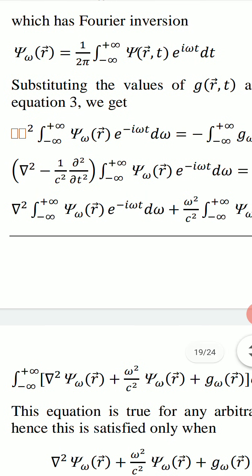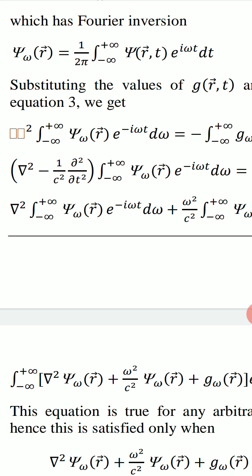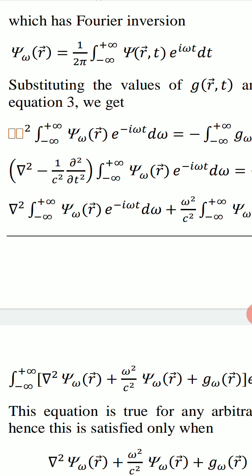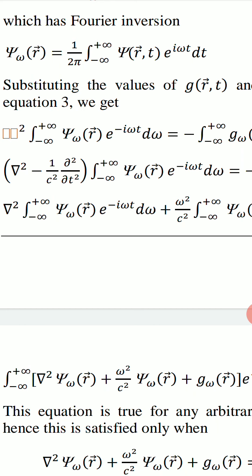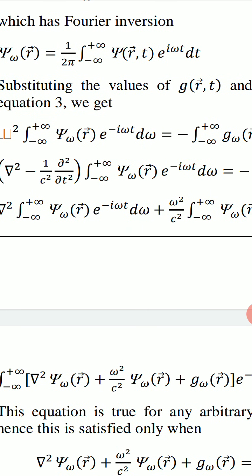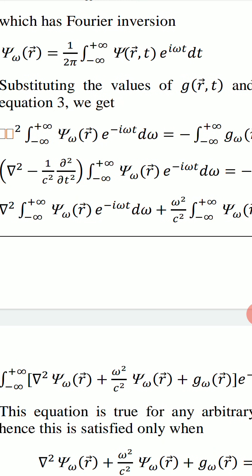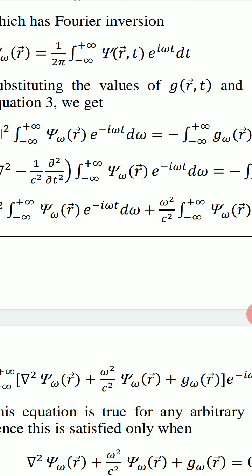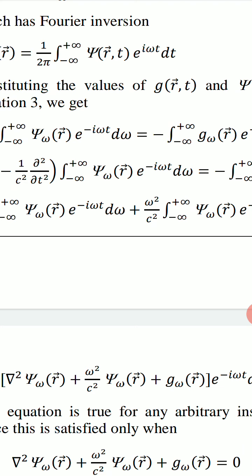So in left hand side first term becomes del square integral psi omega R e to the power minus I omega t d omega, and the second term which will be minus 1 upon c square d2 by dt square integral psi omega R e to the power minus I omega t d omega.